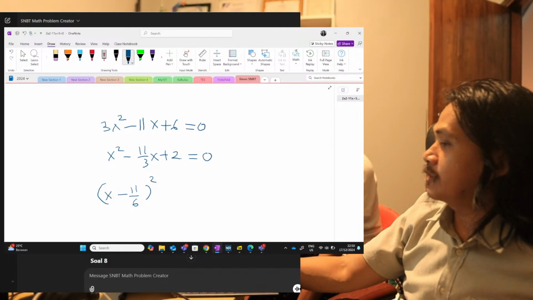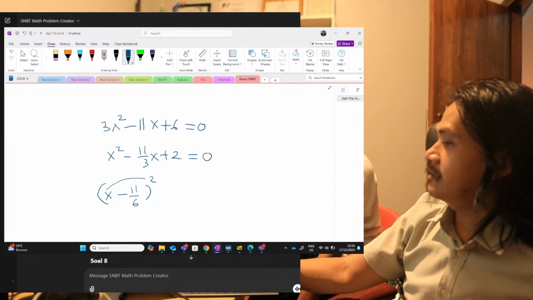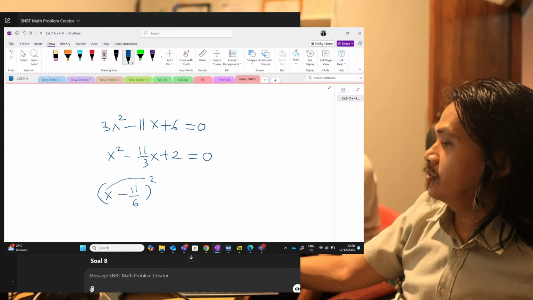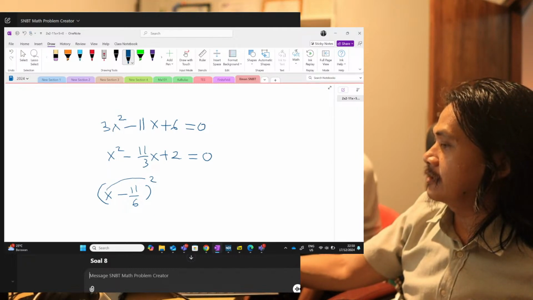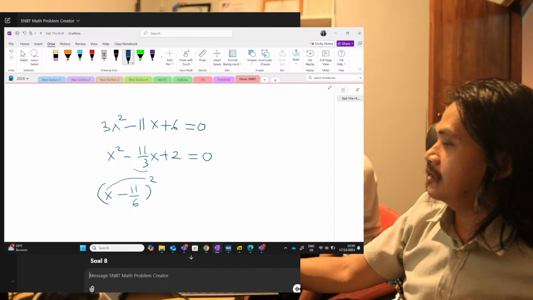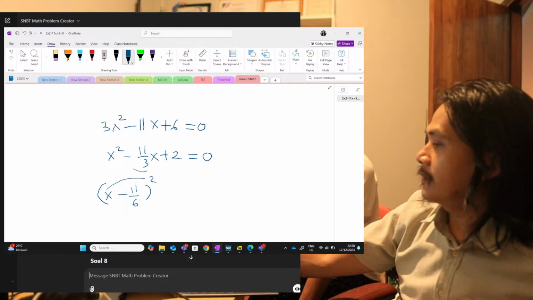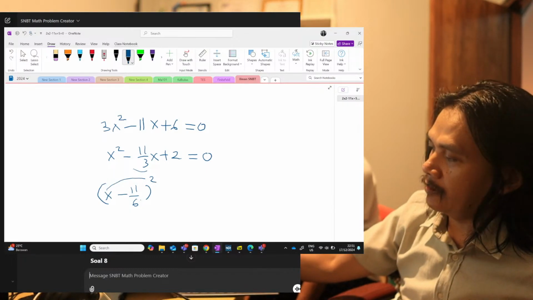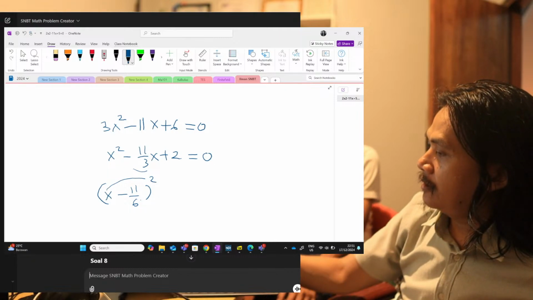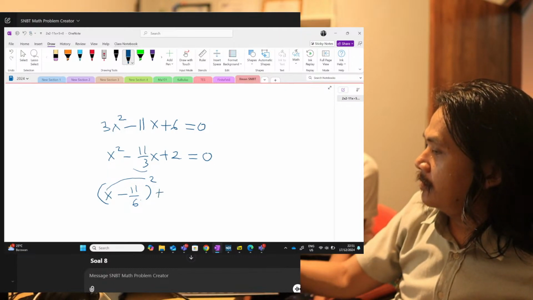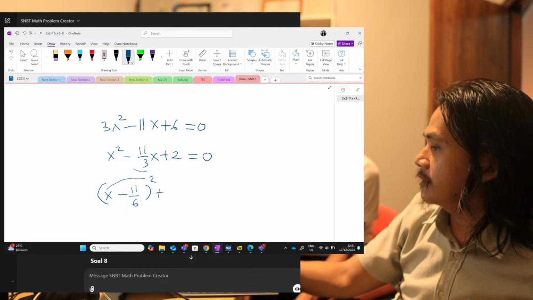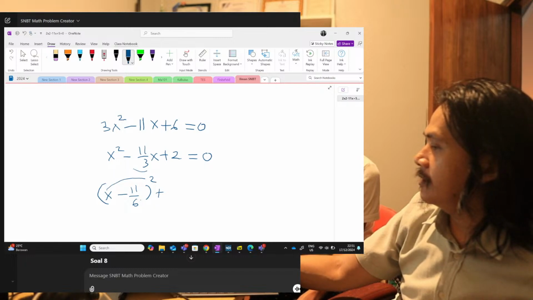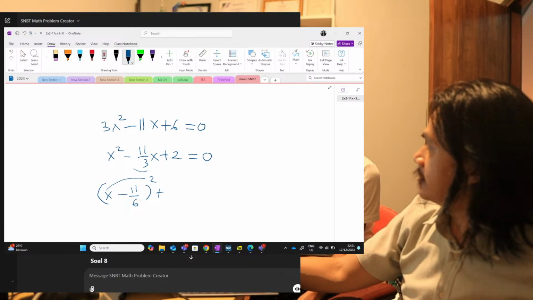But when we expand this, we have x squared, right? And then 2 times that, which is this guy, so the 2 of him. Okay, maybe it is better just to, okay. Let's keep going. So, then we have extra what? 11 squared over 6 squared, right?